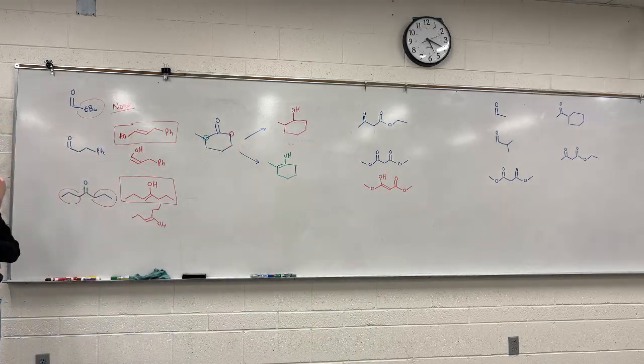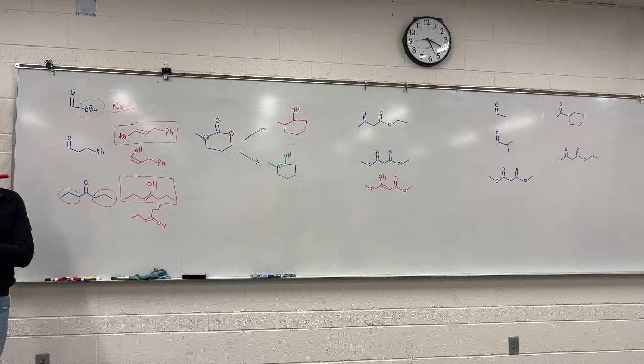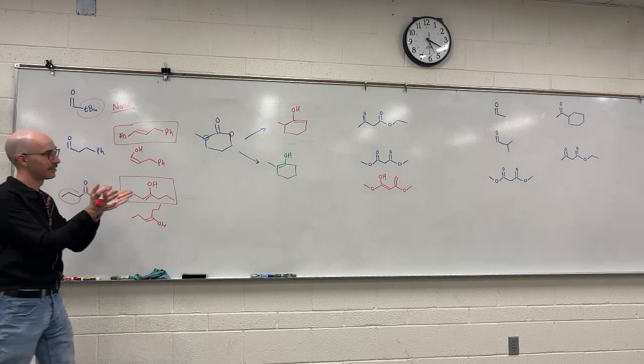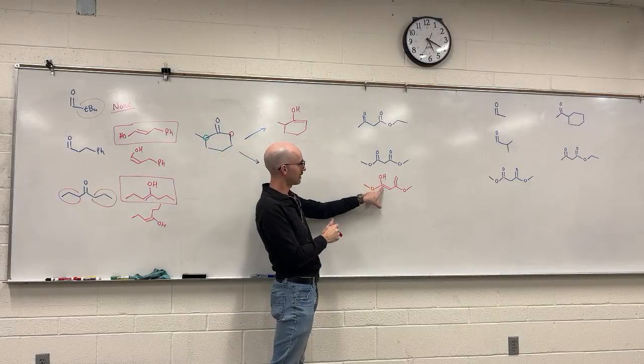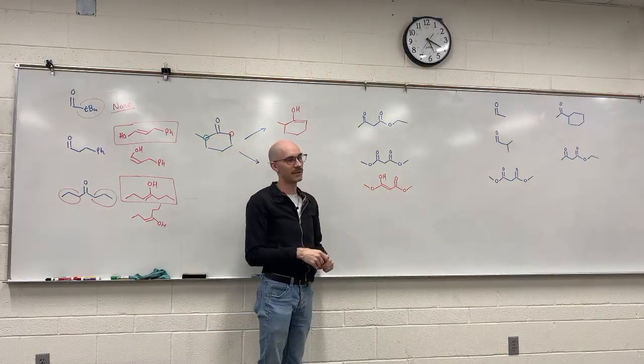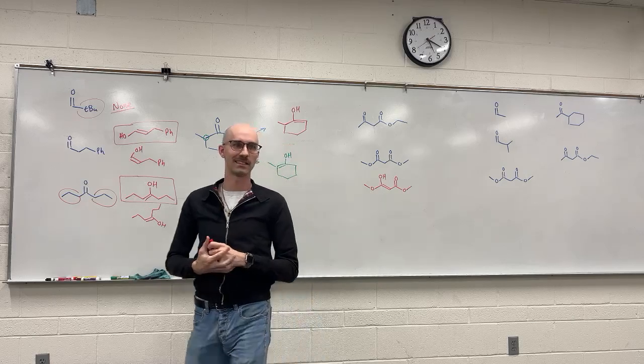Okay, interesting. When we take the enol of an ester, we get a geminal etherol, or like a vinylic hemiacetal. Remember the hemiacetal was a geminal etherol, and once again I have an etherol connected at the same carbon, but this time it's an sp2 carbon instead of an sp3.